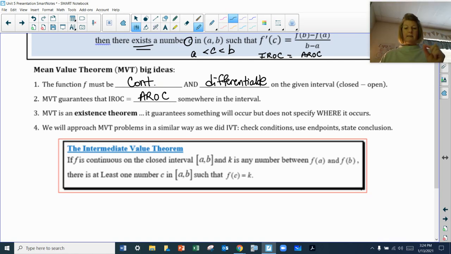MVT is an existence theorem. It guarantees something will occur, but it doesn't tell us exactly where it occurs. We will approach MVT problems in a similar way that we did the IVTs. We've got to check those conditions. Remember, the conditions are a simpler way to write, check the hypothesis of the theorem. And we'll use the endpoints, and we'll state conclusions.